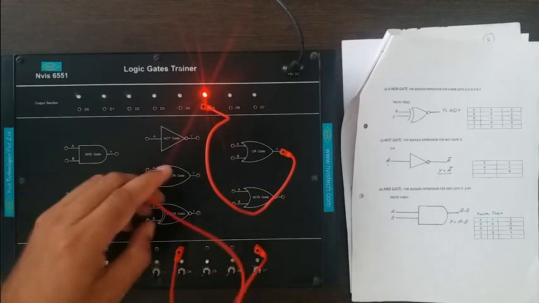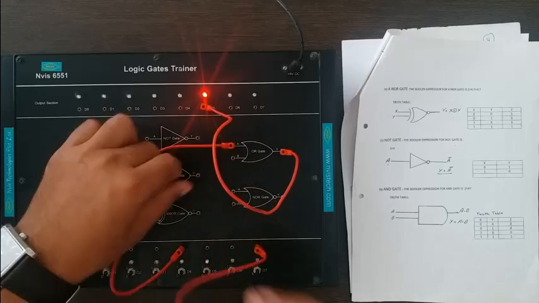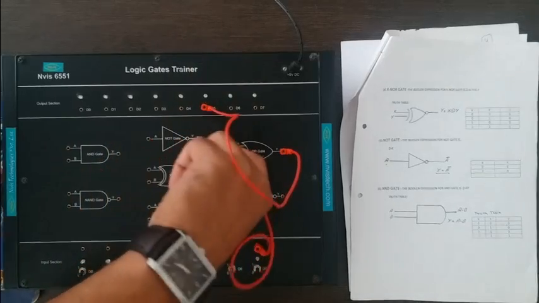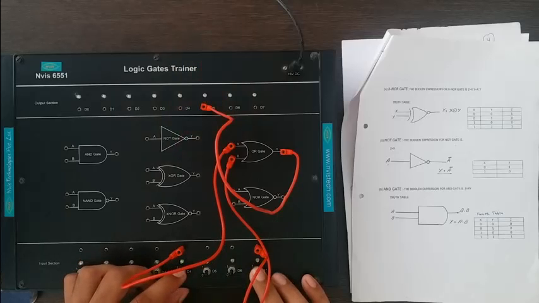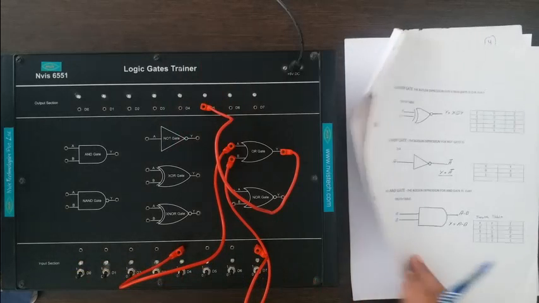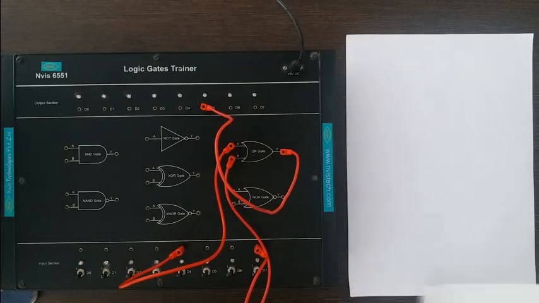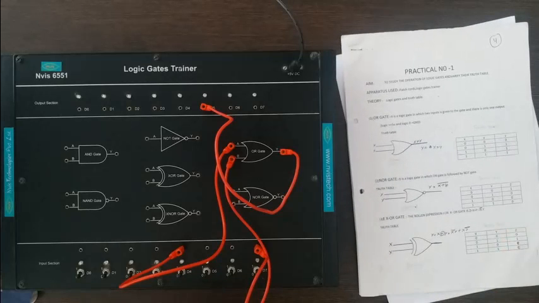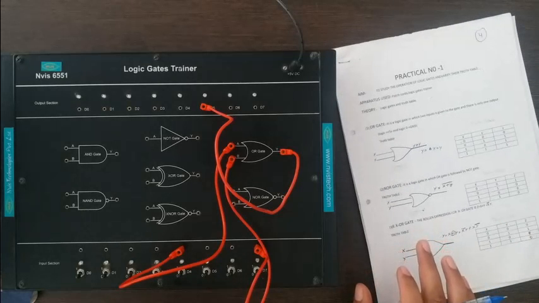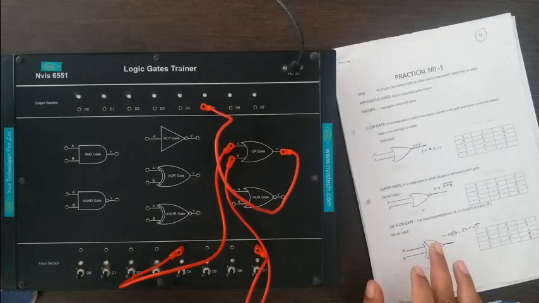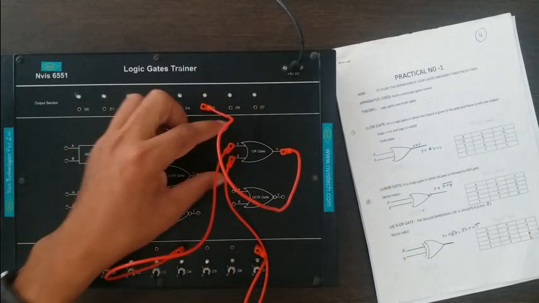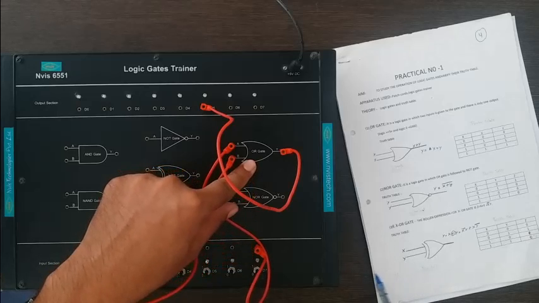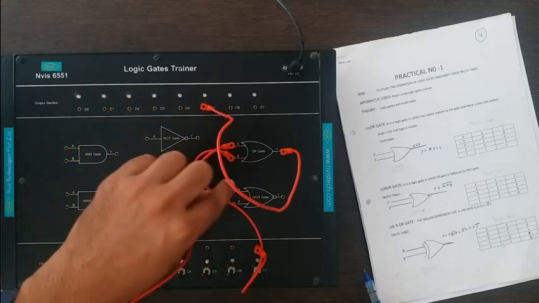In case of OR gate, it is also 2 input and 1 output. Now we are applying two inputs, A and B. OR means addition of two inputs, like 0 and 1.